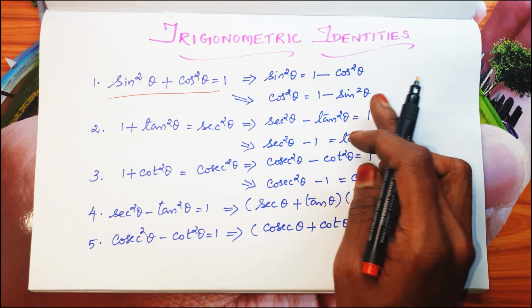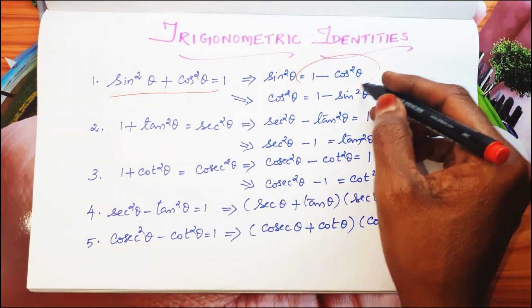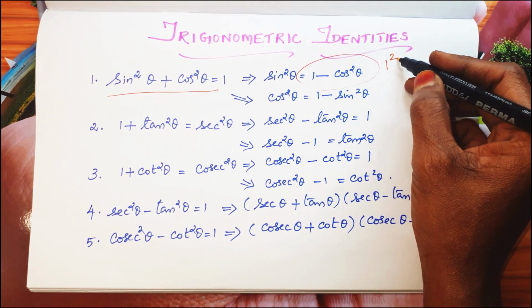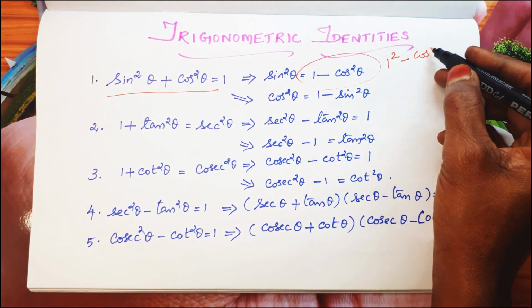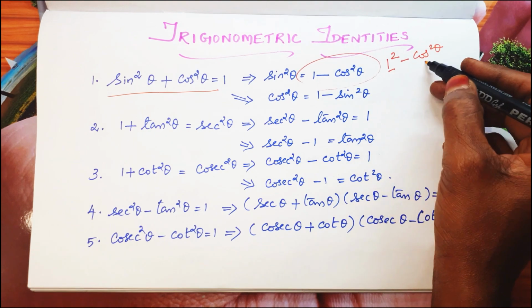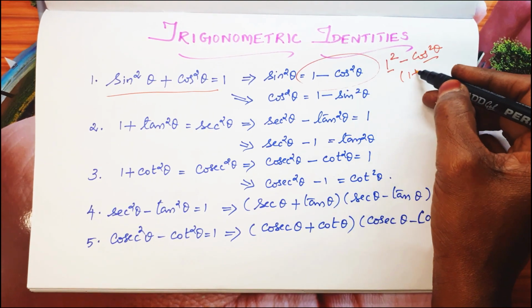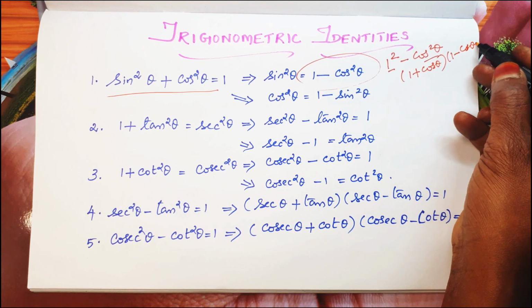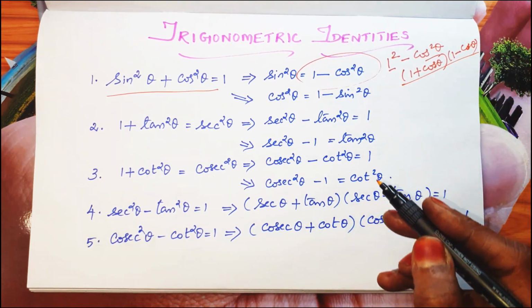We can rewrite this, as 1 can be written as 1 squared minus cos squared theta. So a squared minus b squared is a plus b into a minus b, that is 1 plus cos theta into 1 minus cos theta. We can rewrite in this way also.